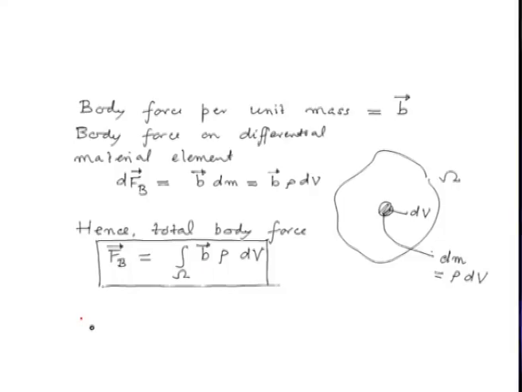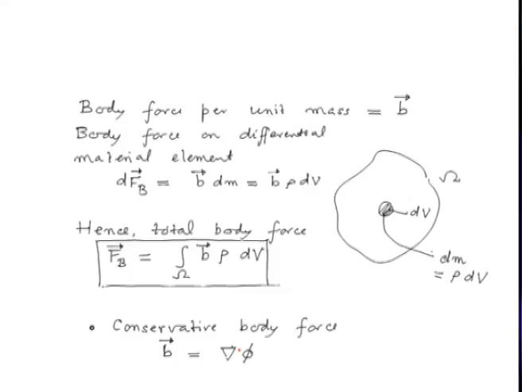Now, this body force could be due to a gravitational force field, electrostatic force field or magnetostatic force field. In many instances it is possible for us to express this body force in terms of the gradient of a scalar quantity. In such a situation we call it a conservative body force, wherein our body force per unit mass B is expressible in terms of the gradient of a scalar function phi.